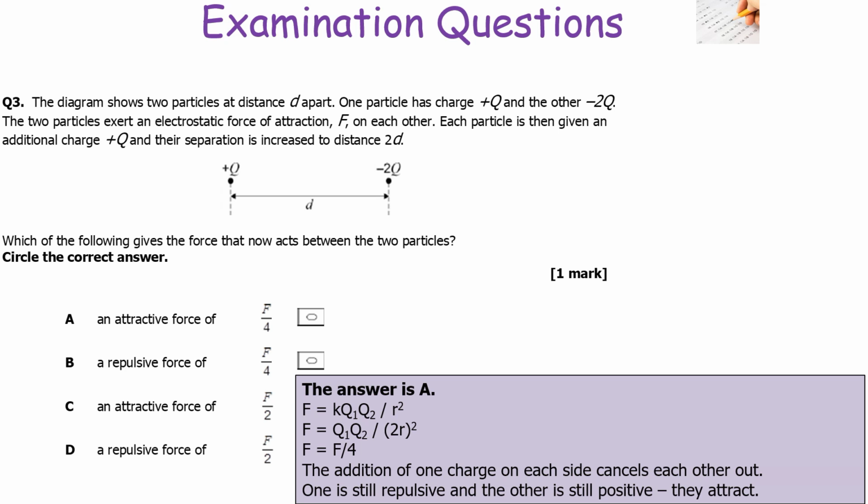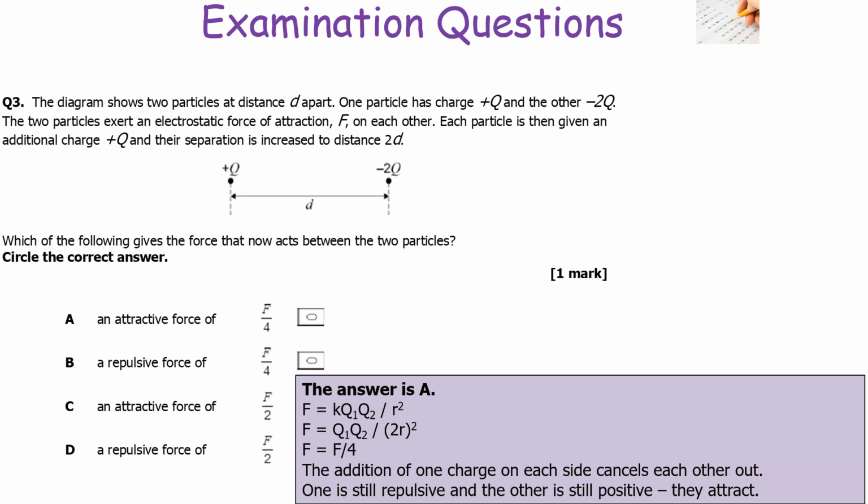Well, what's happened is one has gone from plus 1 to plus 2 because I've added a charge, but the other has gone from minus 2 to minus 1, so actually it's still 2 times 1, so the value of charge at the top stays the same. But our value of r has gone up by 2, and that's been squared because it's r squared, so therefore F is now going to be F over 4.